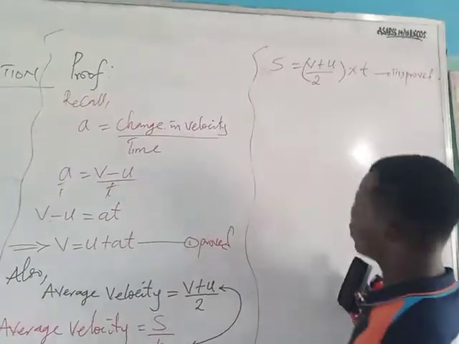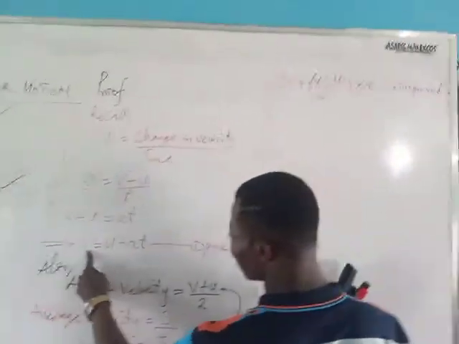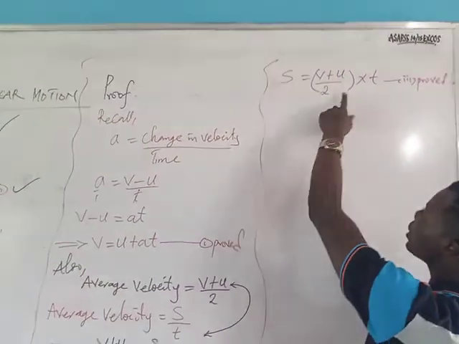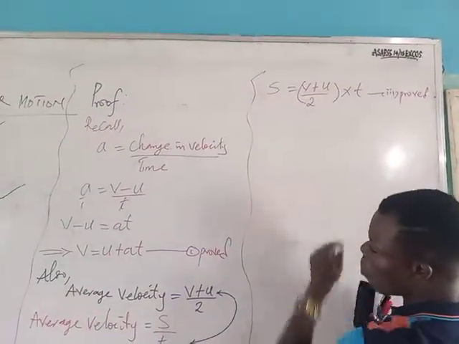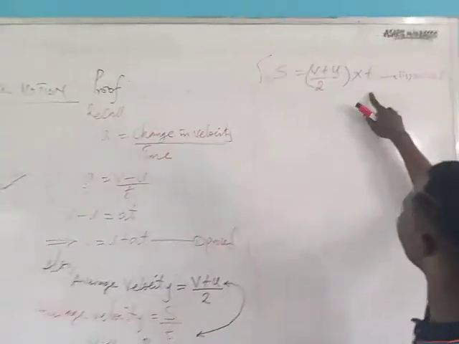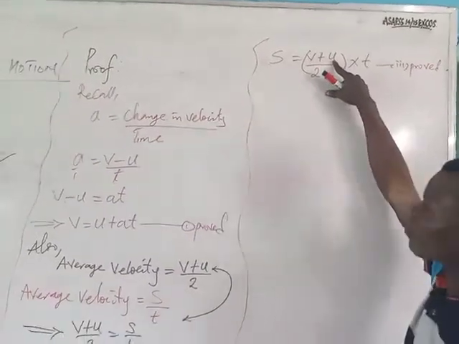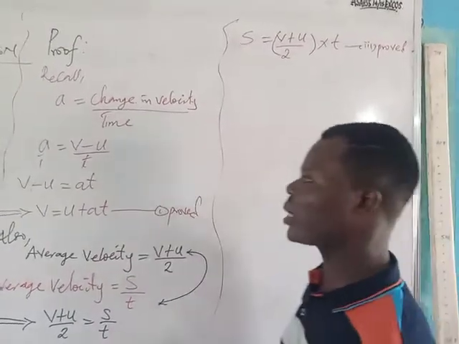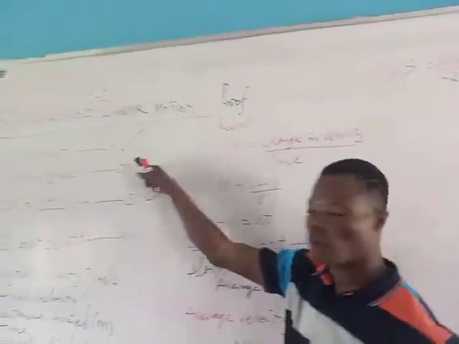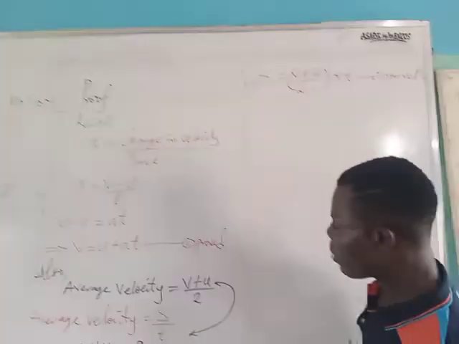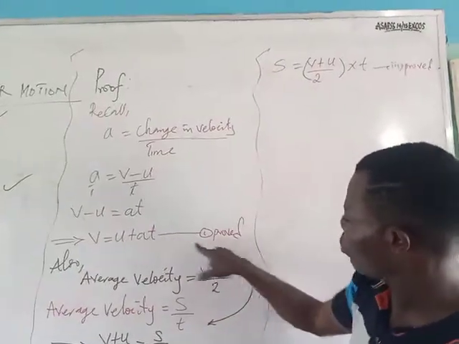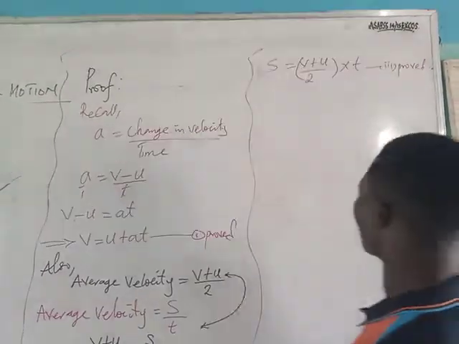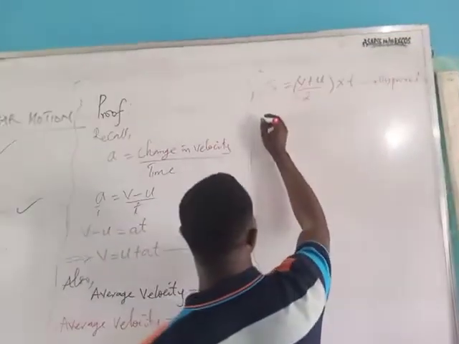What I'm saying is we can make V the subject of formula and substitute it into this equation, or we make T or U the subject and insert it into this equation. We are going to get either of these two equations. So let me substitute equation 1 into equation 3 directly and see what we are going to have.